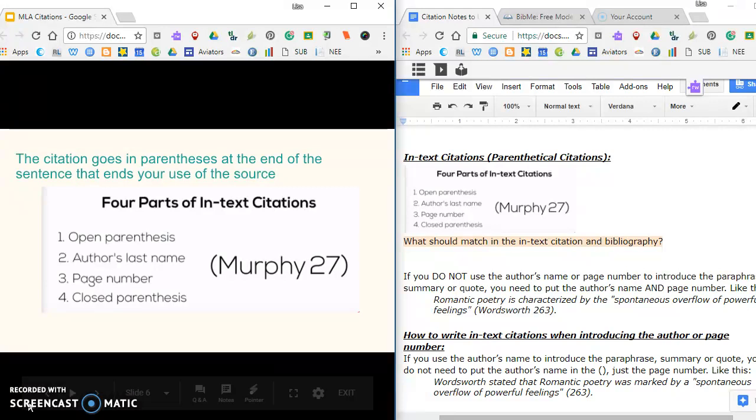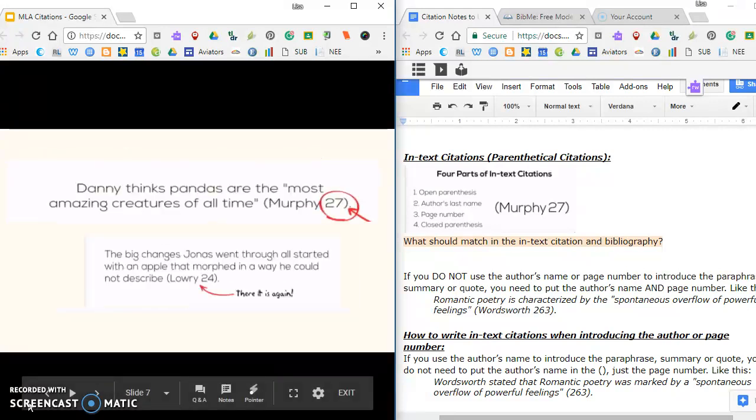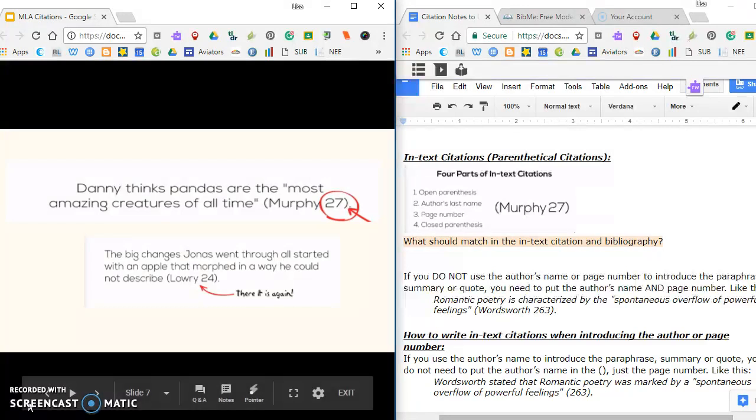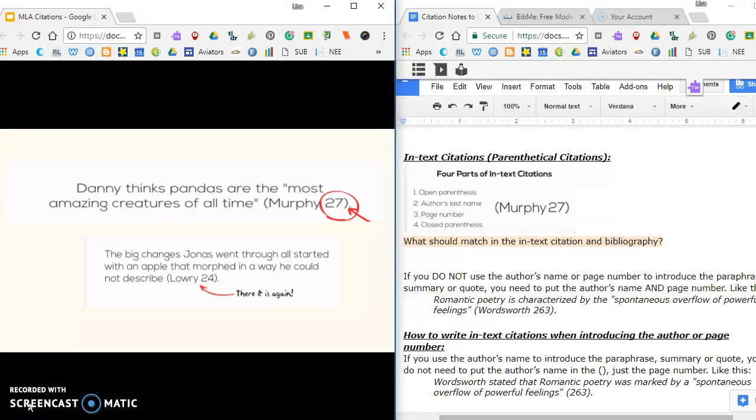Okay, dealing with in-text citations. If you caught onto the video, anytime you use an in-text citation, and here's an example here, and here's an example here, those in-text citations that are at the end of our sentence, notice that the period always comes last.